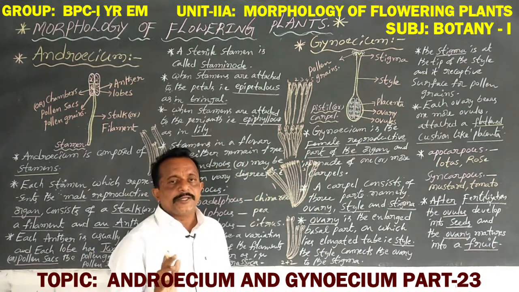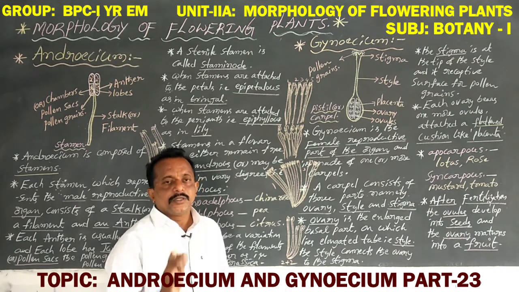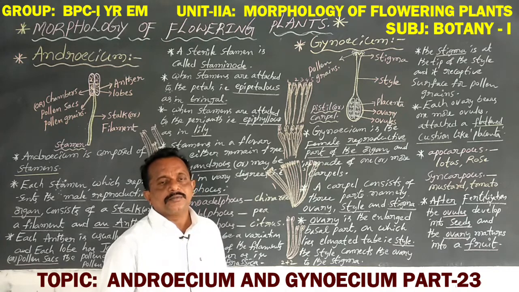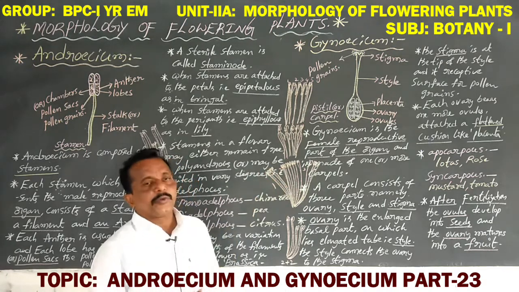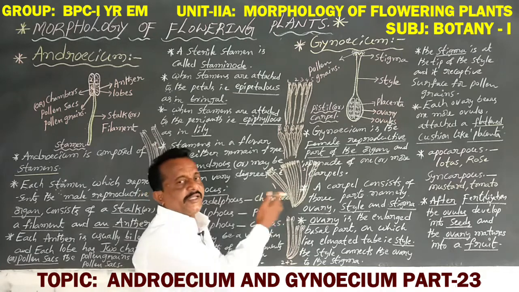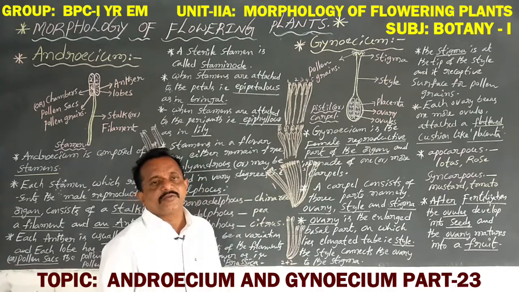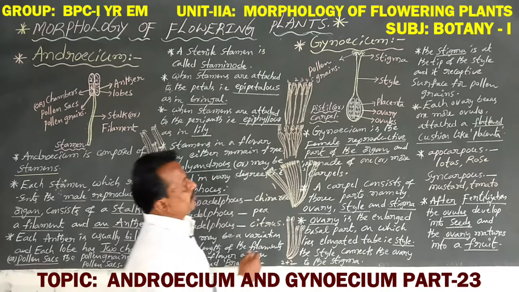So don't get confused over here. Androecium is the male reproductive part, and gynoecium is the female reproductive part of the flower, and is made up of one or more carpels or one or more pistils.